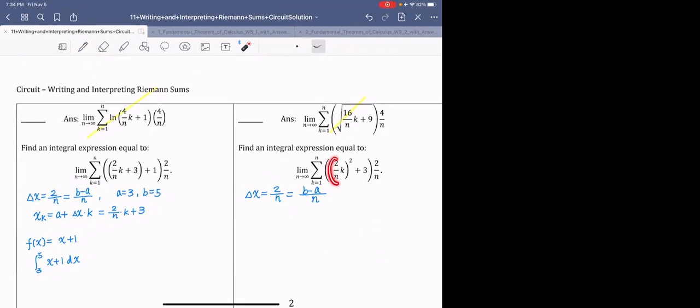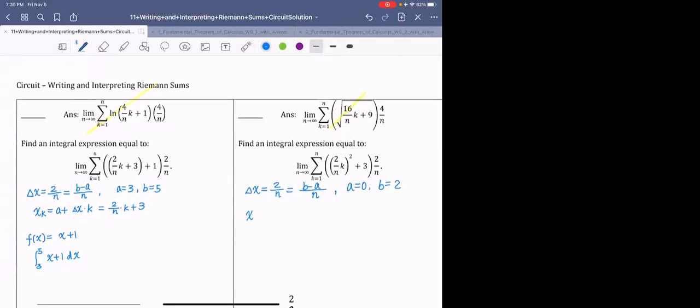And from that guy, this does not have anybody inside plus something, so we can tell a equals 0. Good. B equals 2. So xk, let's write down xk. Xk equals to 2 over n times k.